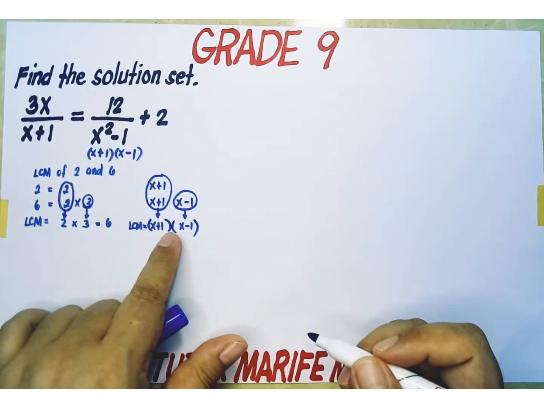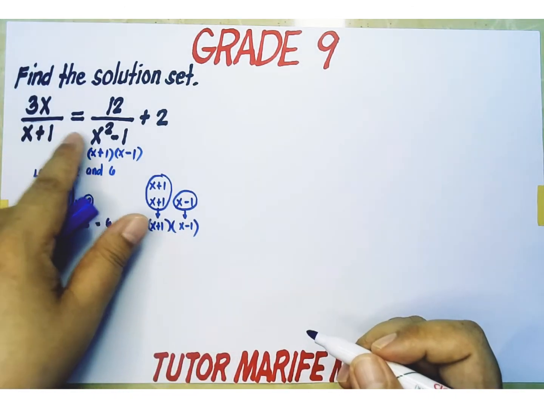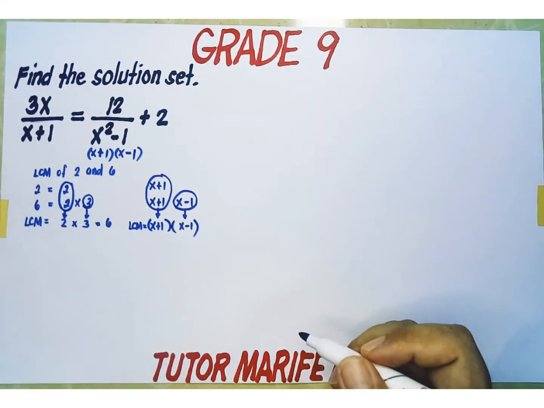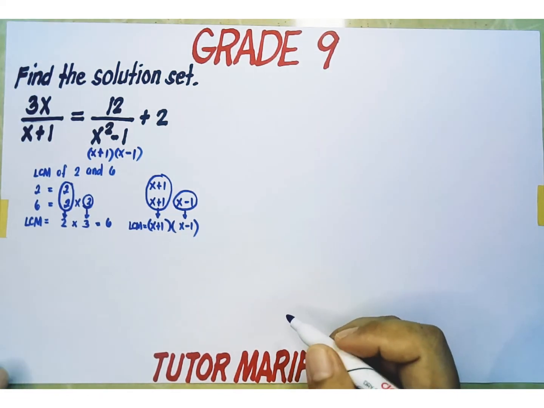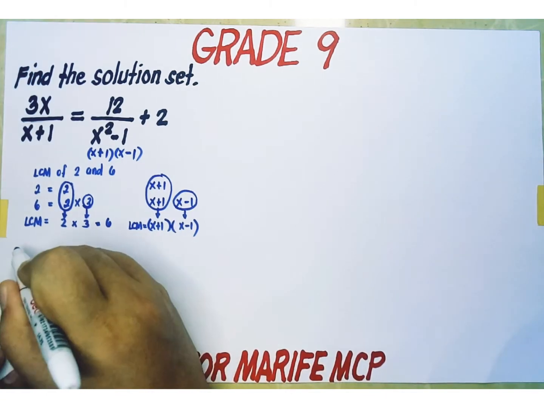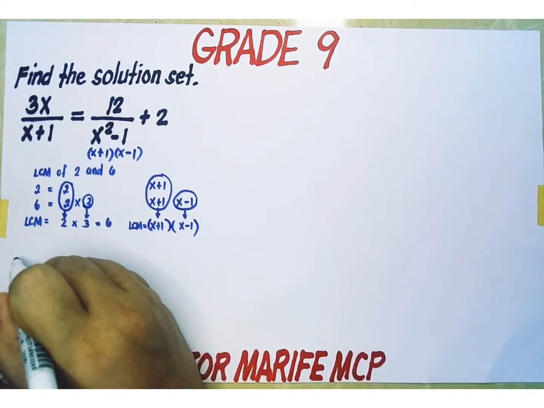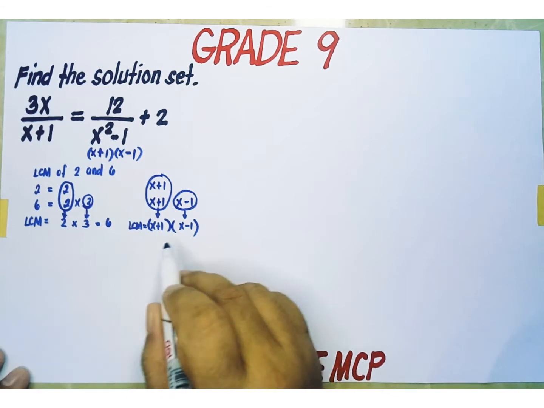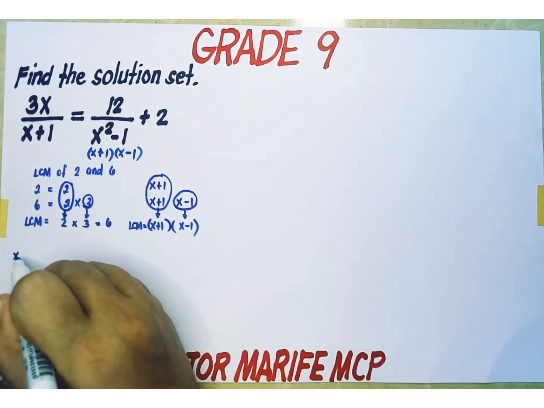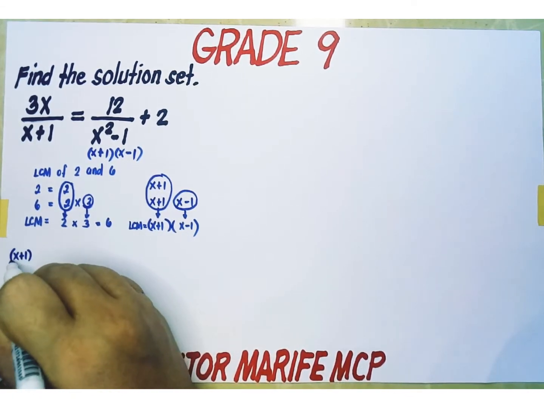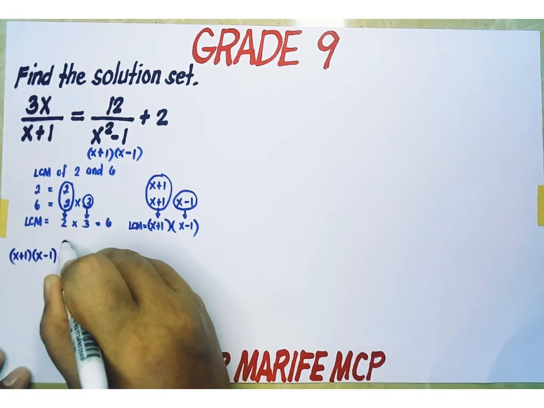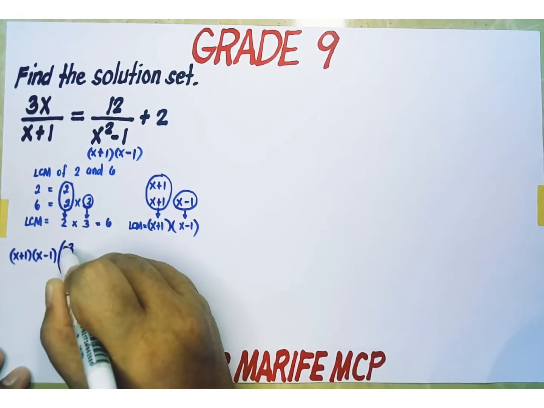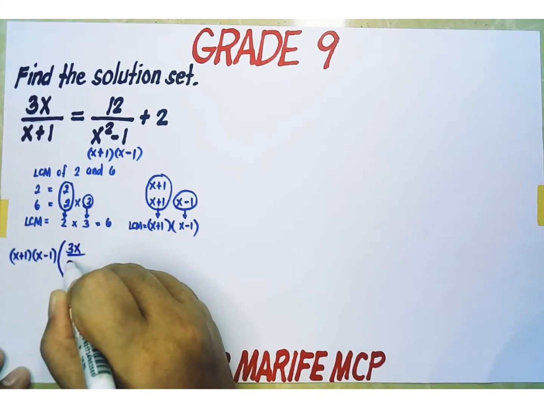Ito ang gagamitin natin to eliminate the denominators of the given rational equation. So, anong gagawin natin? Multiply the left side by the LCM. So, we have x plus 1 times x minus 1. I-multiply natin sa ating left side.